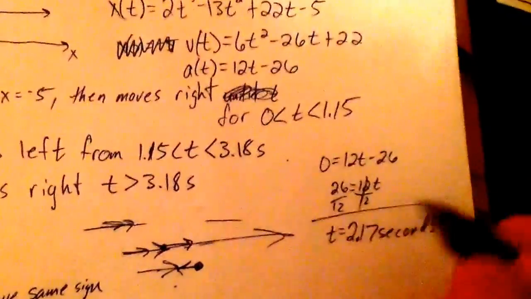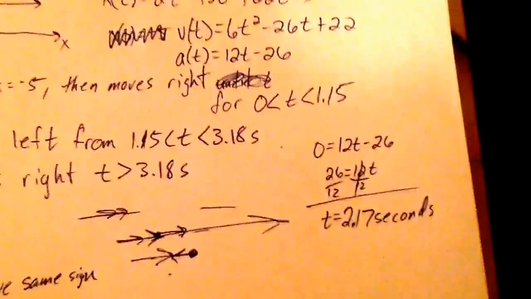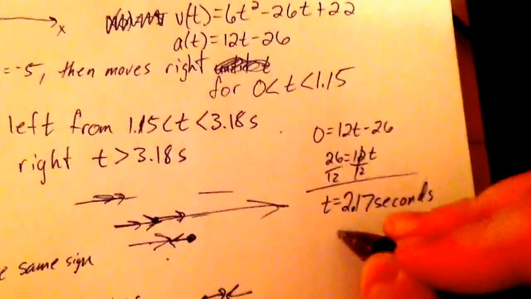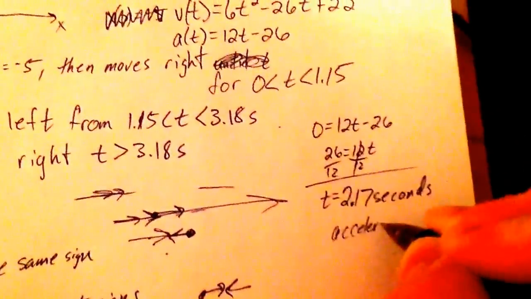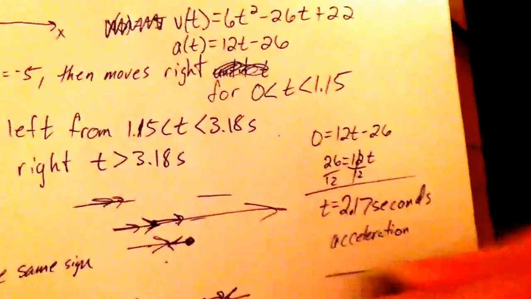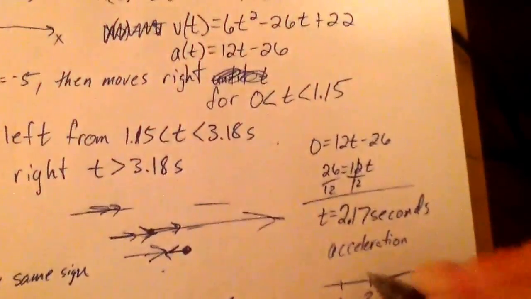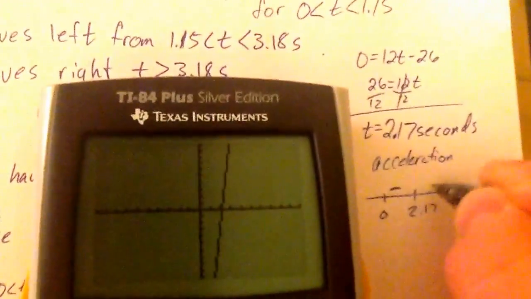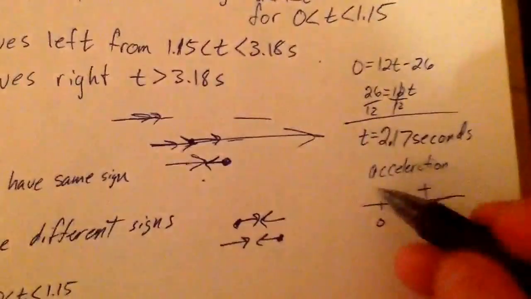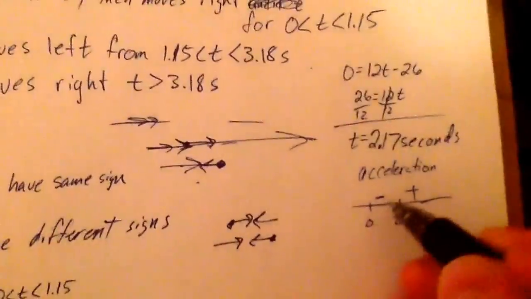So that's like our key point in our acceleration. So I'll make myself a little note here. Acceleration. Let's see, here's 0, here's 2.17, and then here's the rest. It went from negative to positive. So from 0 to 2.17, my acceleration is negative.